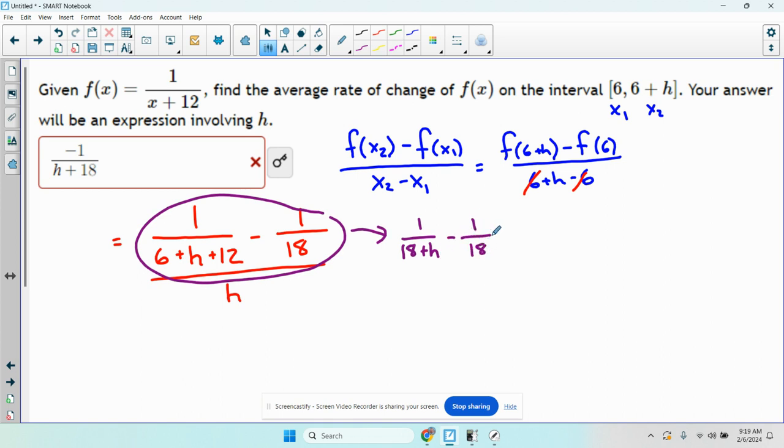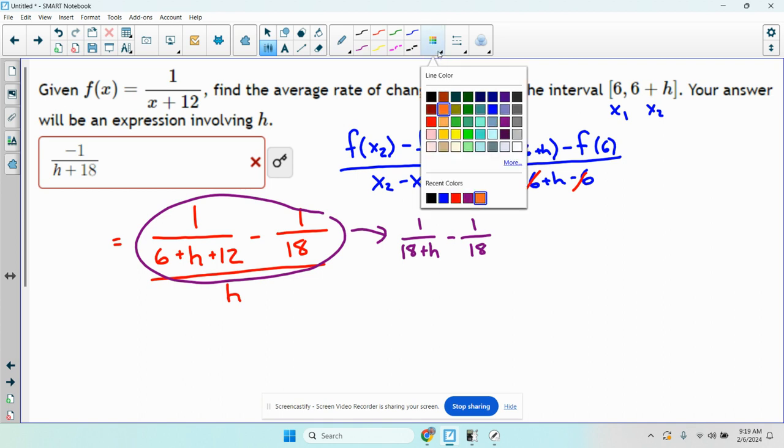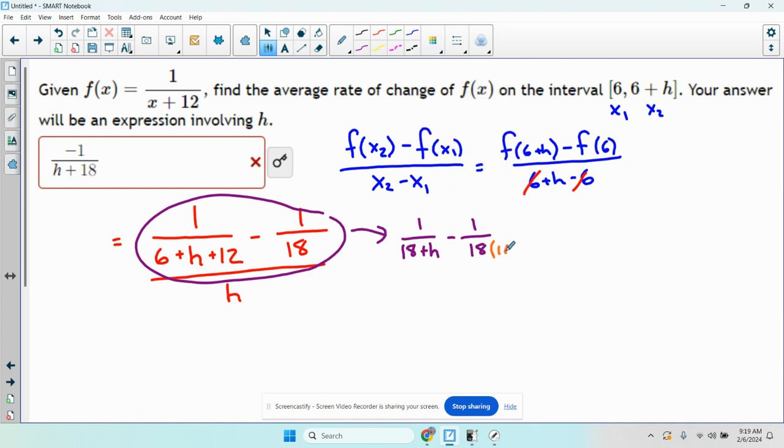So I have to combine them into one fraction, but I can't just do this. You cannot just do plus h plus h. That changes the fraction. Big no-no. So what I have to do is find a common denominator by multiplying this one by 18 plus h over 18 plus h, and this one by 18 over 18.